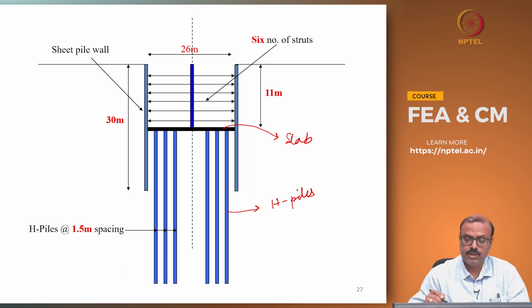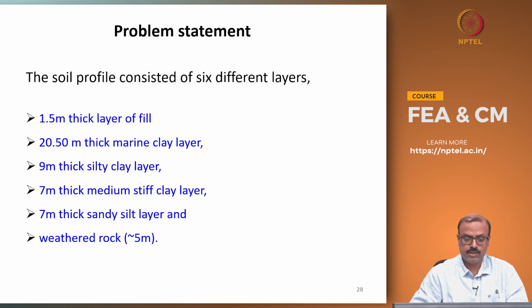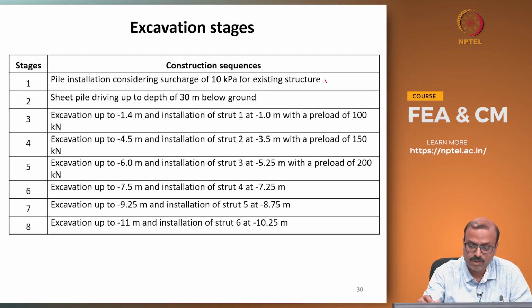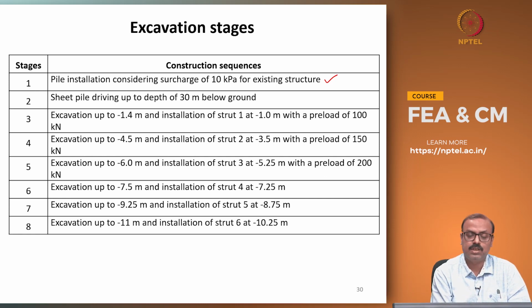So, what should be the steps or stages of construction? I will just explain the stages, then we will go back to the soil properties. We first have to do the pile installation. We simply insert, by hammer, the H piles.